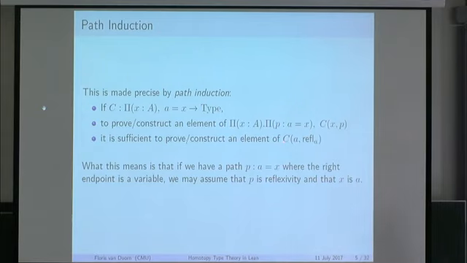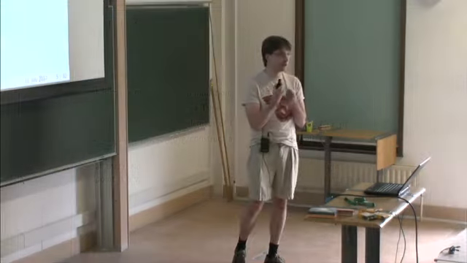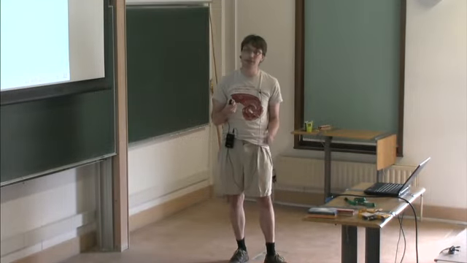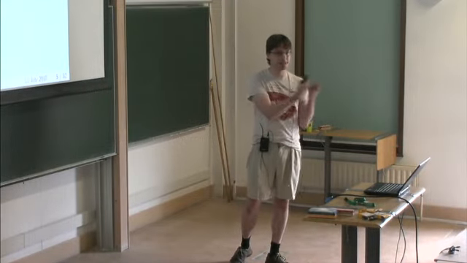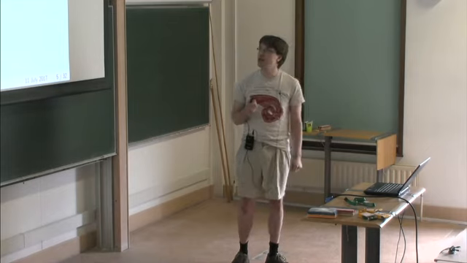That is the precise statement of saying that the equality is generated by reflexivity. Note that I say proof/construct here, and that is because in type theory these two notions sort of are conflated. Like proving a theorem is basically the same thing as constructing an object.